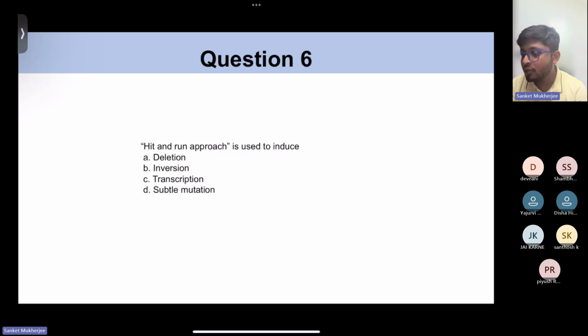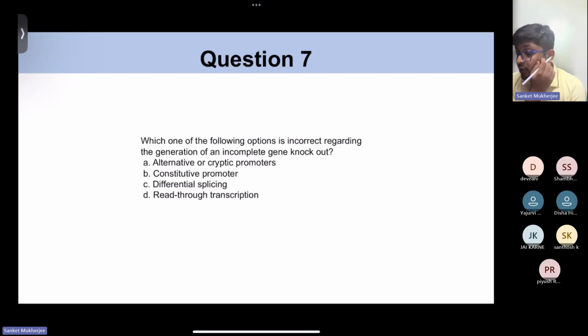Hit and run approach is used to induce deletion, inversion, transcription, or subtle mutations. Subtle mutations. You're right. Subtle mutation. Which one of the following options is incorrect regarding the generation of an incomplete gene knockout?